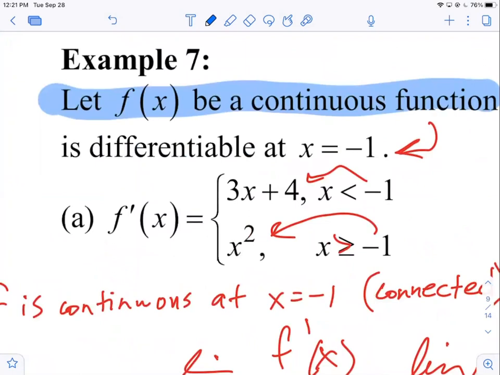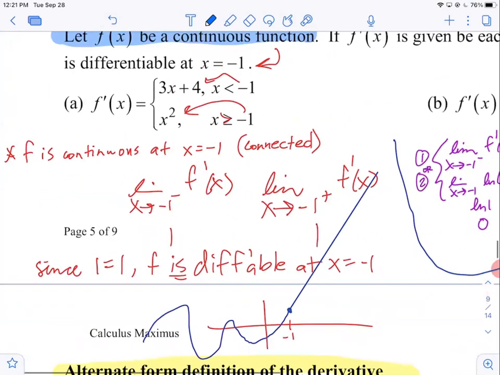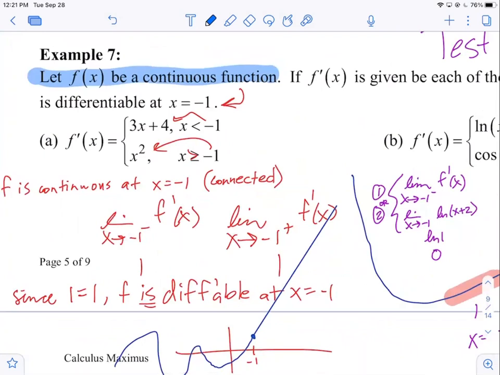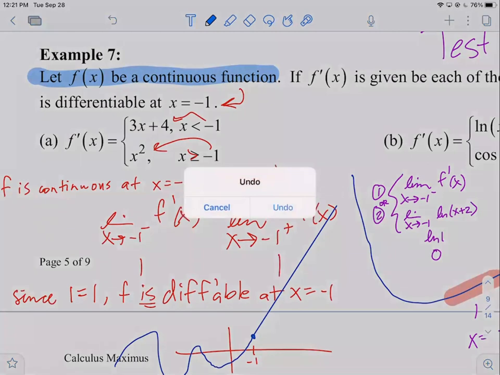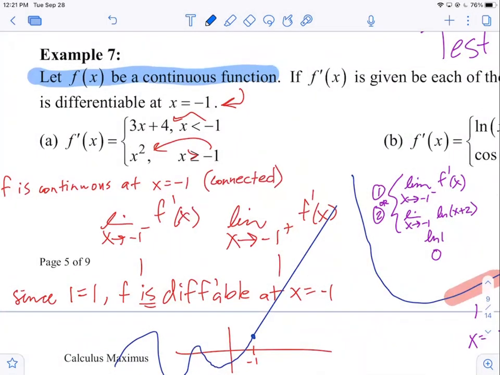And then we would do the same thing we did on example 7. We would look just at the slopes to see if they're the same. If the y values are the same from both sides and defined, and the slopes are the same from both sides and defined, then we can say the function's differentiable there, and we can guarantee it's smoothly connected, not with a vertical tangent line though.